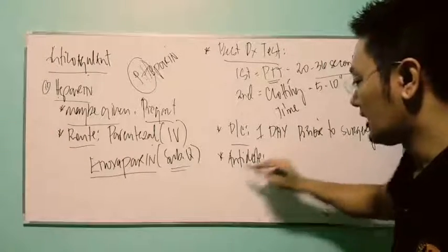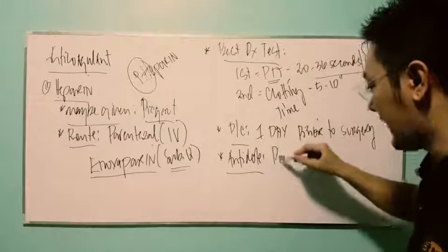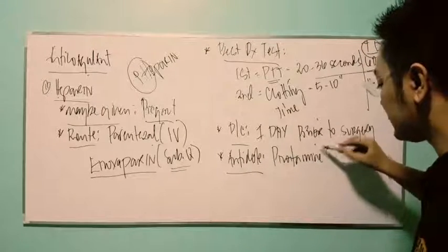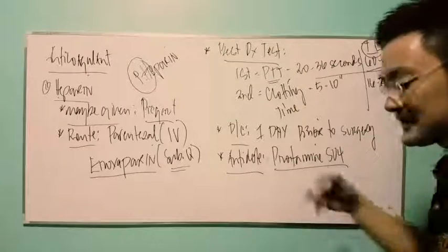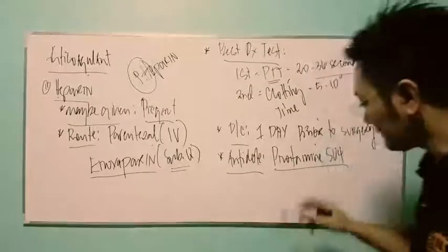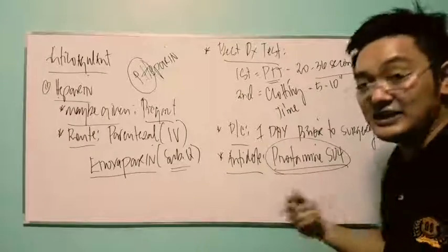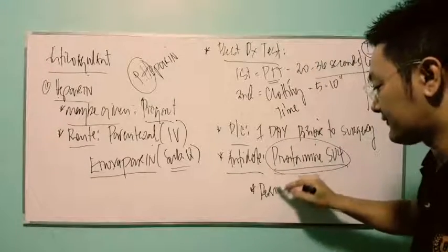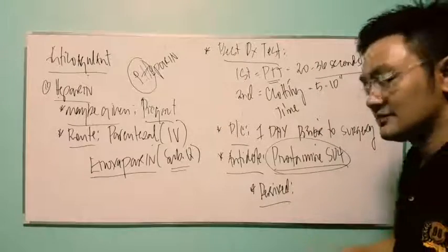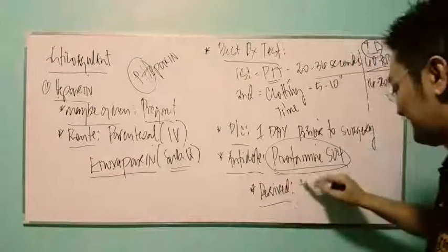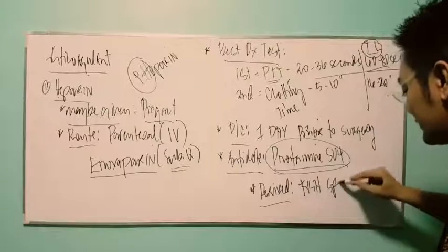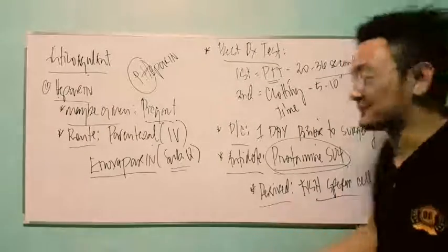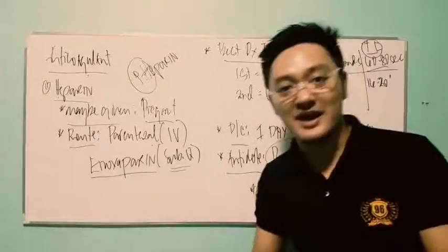I can hear the answer now. The antidote is, very good, protamine sulfate. Now, just an additional input: protamine sulfate is an agent derived from fish sperm cells. Just an additional input. Okay, so that is what we call your heparin.